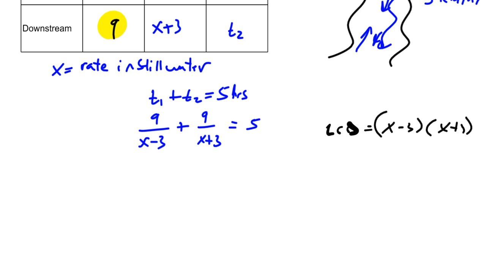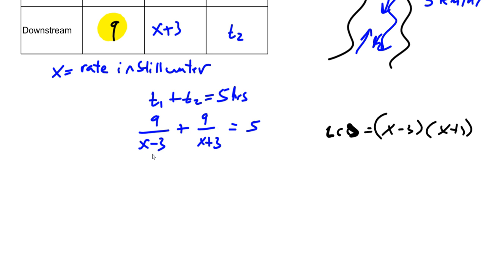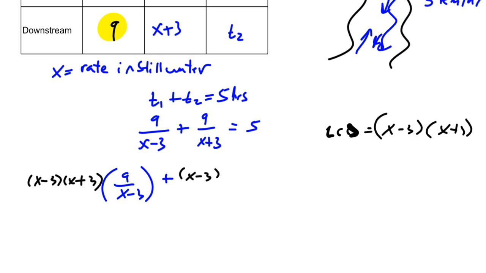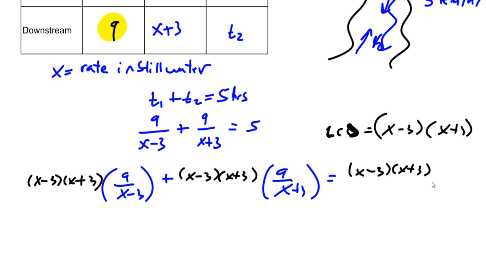Let's multiply everything by that: x minus 3 times x plus 3 times 9 over x minus 3, plus x minus 3 times x plus 3 times 9 over x plus 3, equals x minus 3 times x plus 3 multiplied by 5.